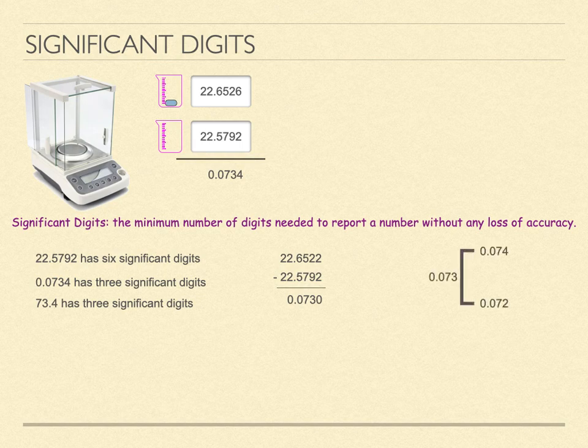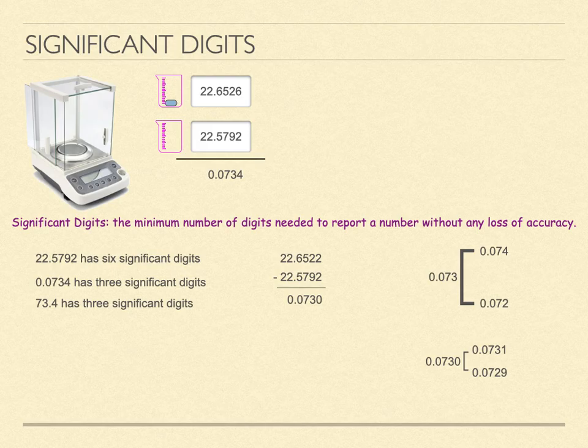In the one case, we are implying that we know that it is not 0.072 nor 0.074, while in the other case, we are saying that we know it is not 0.0729 nor is it 0.0731. Clearly, the first statement implies a much larger range of possible numbers. 0.073 is less accurate than 0.0730. The precision of the analytical balance implies that we have weighed something to 0.0730 grams. The last zero is significant.